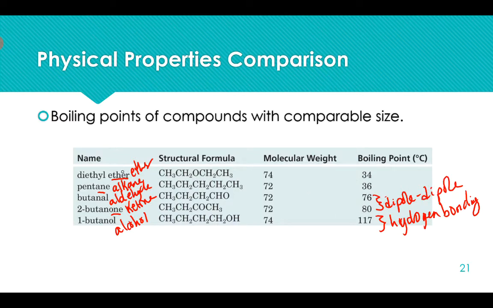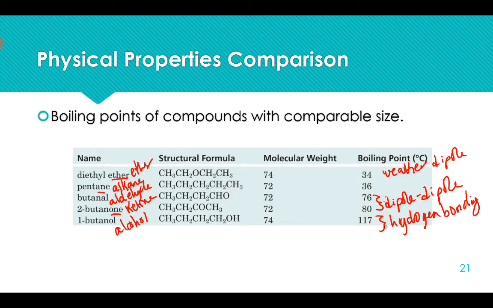And technically this ether is polar, but it's just the side chains are kind of hindering the ability for that molecule to exhibit its dipole. This carbonyl functional group has a stronger dipole moment than the ether. I'm just going to write weaker dipole.